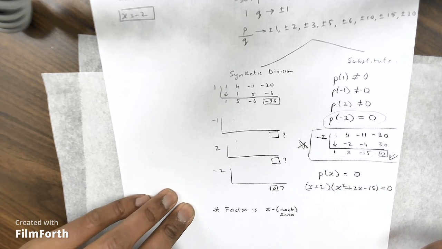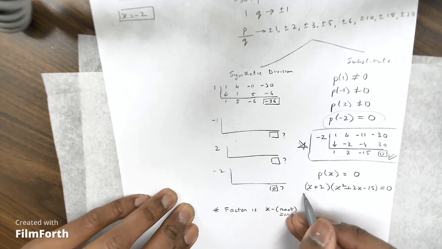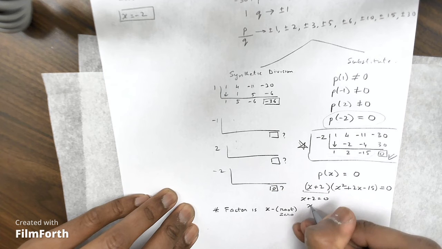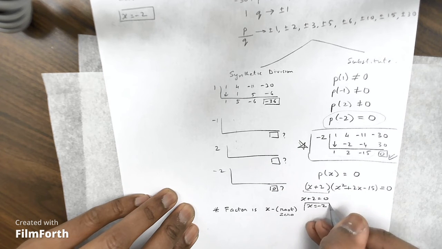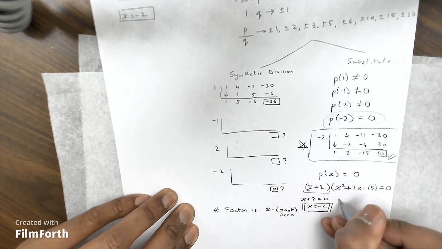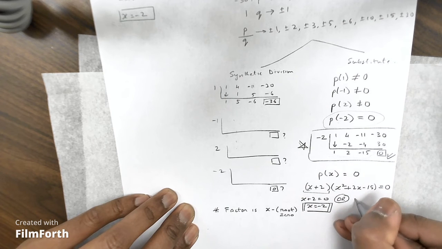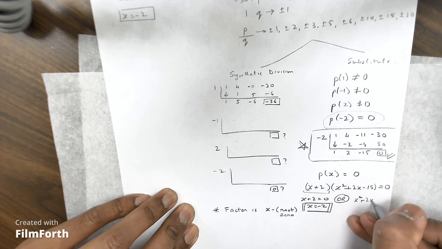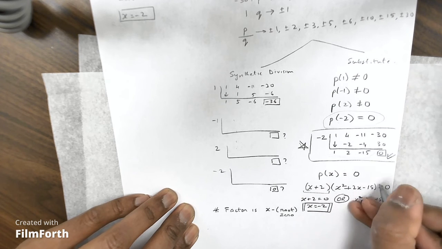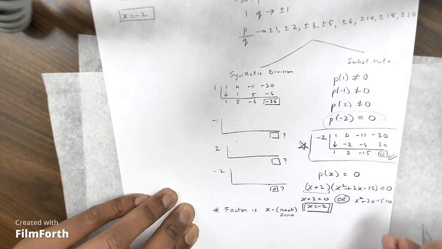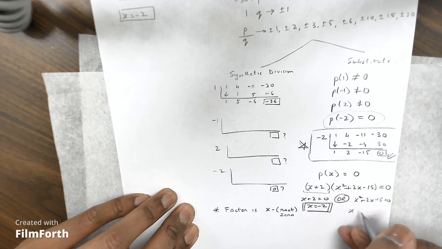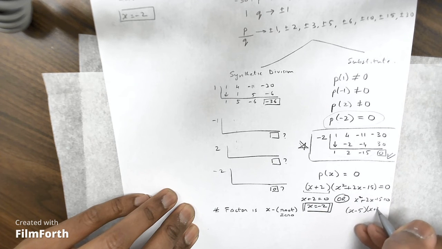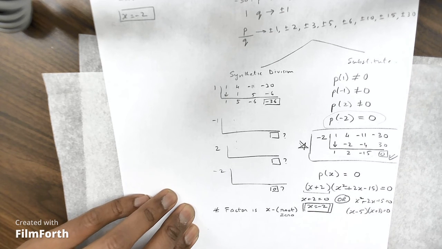What does this mean? Either x plus 2 is 0, so x equals negative 2, which is one of your zeros, or x squared plus 2x minus 15 is 0. If this part is 0, then I have to factor this. I want to know what values of x will make this statement true.